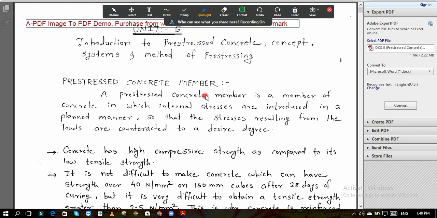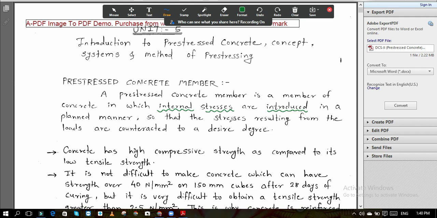So, a prestressed concrete member is a member of concrete in which the internal stresses are introduced in a planned manner. So we plan how much stress is needed, how much stress we should induce in that member. All these things depend upon calculation. We will see those later on.